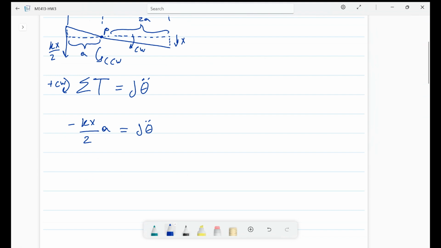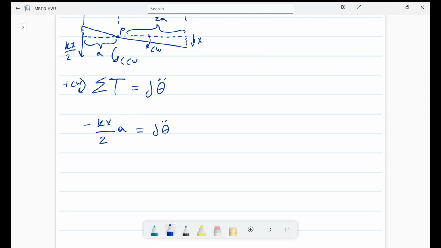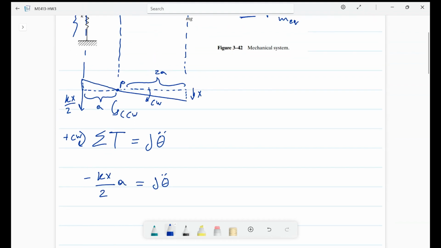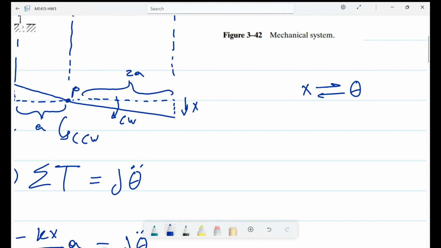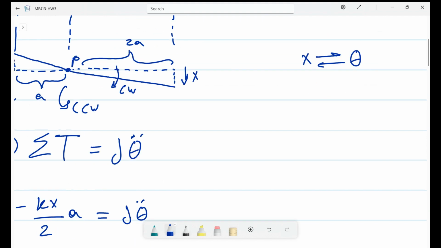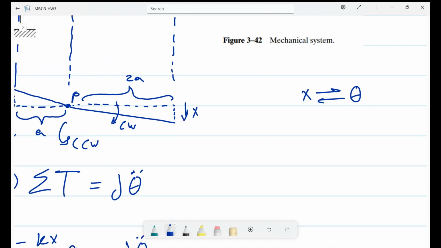Now the question says that we need our equation of motion to be in terms of x. So this means that we need a relation between x and theta, right? And this relation we can get from this beautiful triangle.